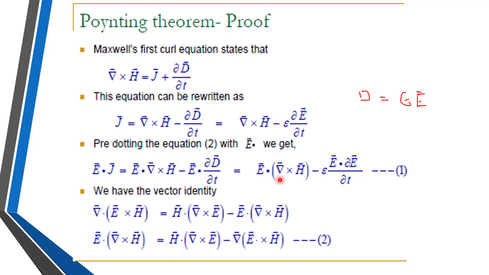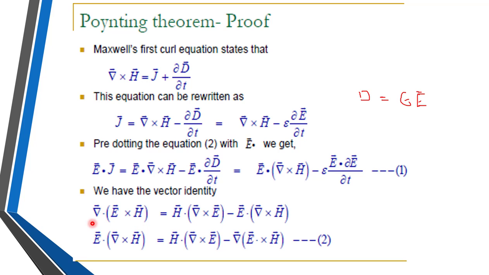So it is the dot product with the curl of H bar. We have a vector identity: if I take E bar cross H bar and then take the divergence of it, then by the vector identity I can write del dot E bar cross H bar.